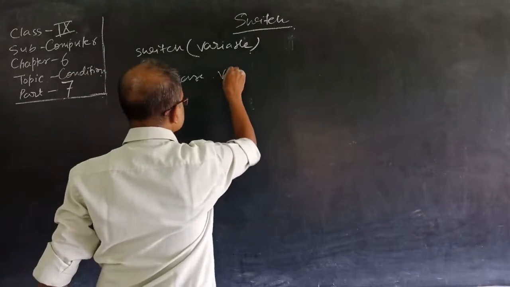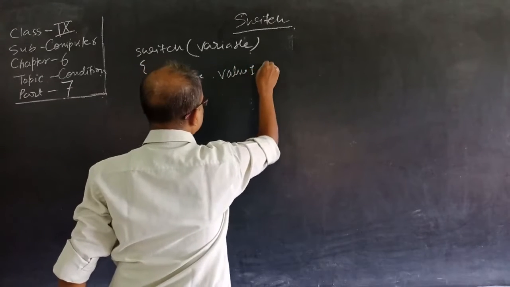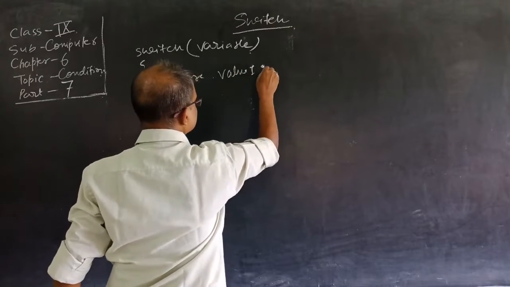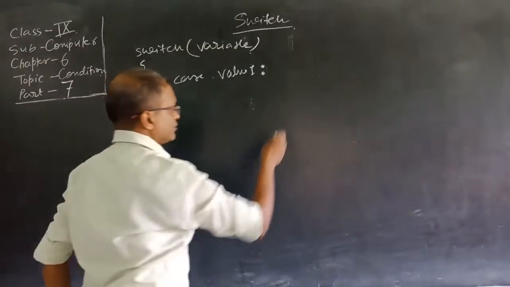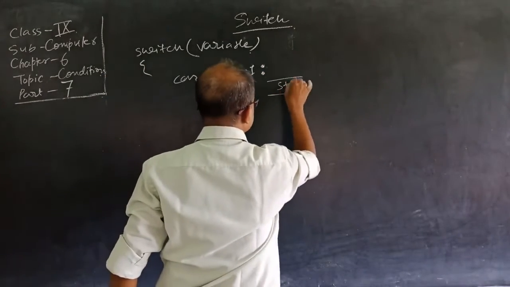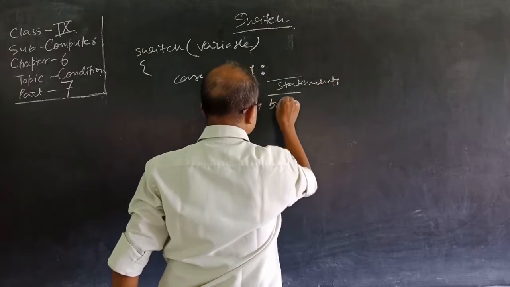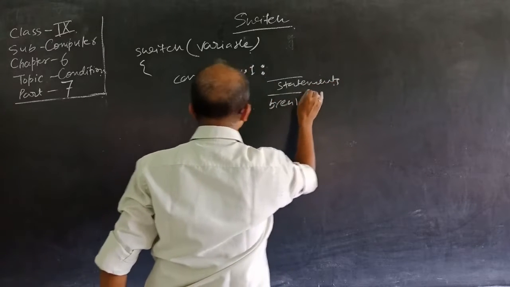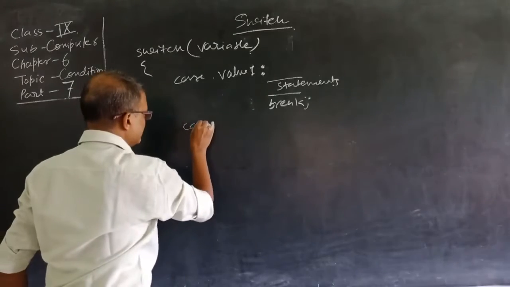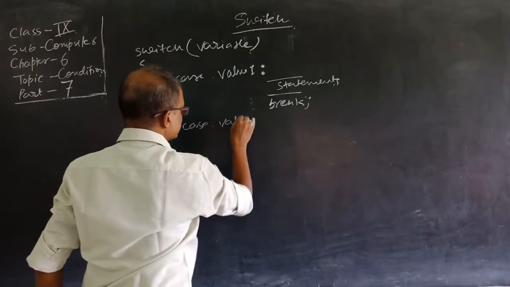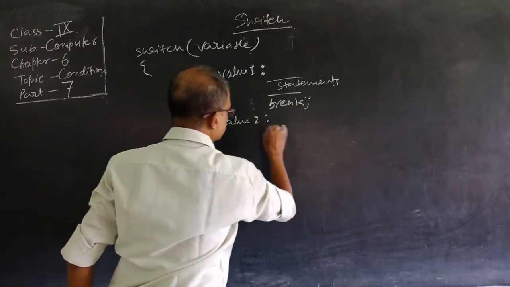Case value 1, then here a colon. This sign is called a colon. And then here statements, and finally break.